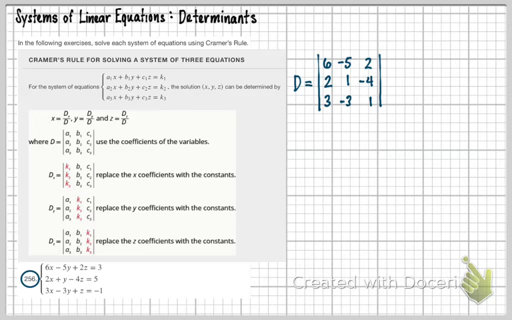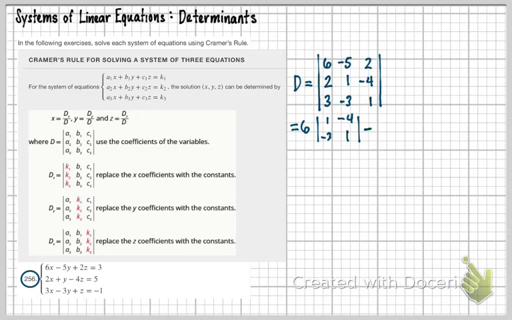So looking at this first one, it's going to be 6. And again, I cross off the row and column of that, and I'm going to end up with 1, -4, -3, and 1. Now when I cross those off, look at what I have here, and that should match. So then the next one's going to be a negative.